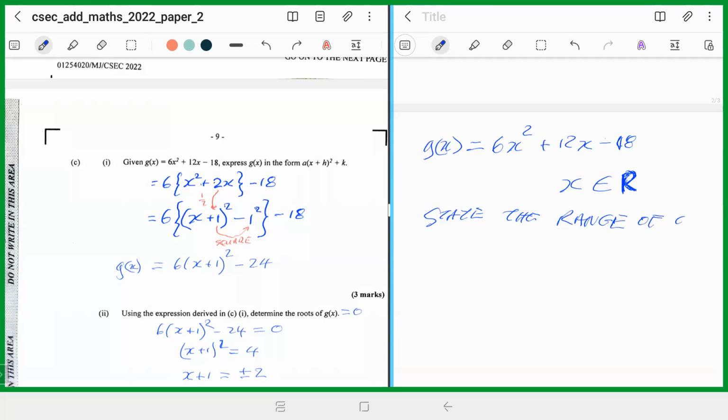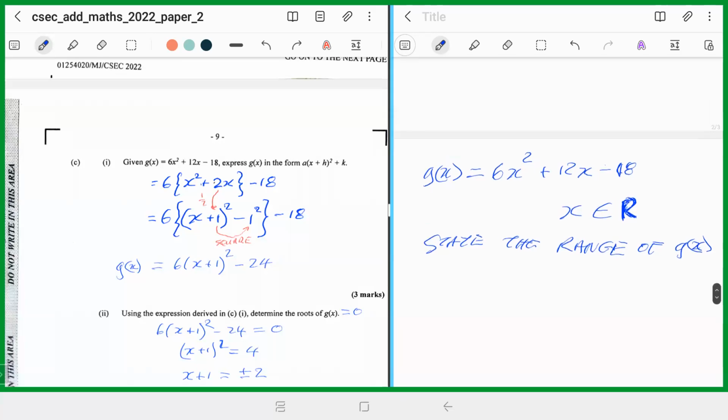The domain, for want of a better word, is the spread of your x values. And the range, for want of a better word, is the spread of your y values. So the domain are the x values that you can use on the function, and the range are the y values that you get for that given domain.